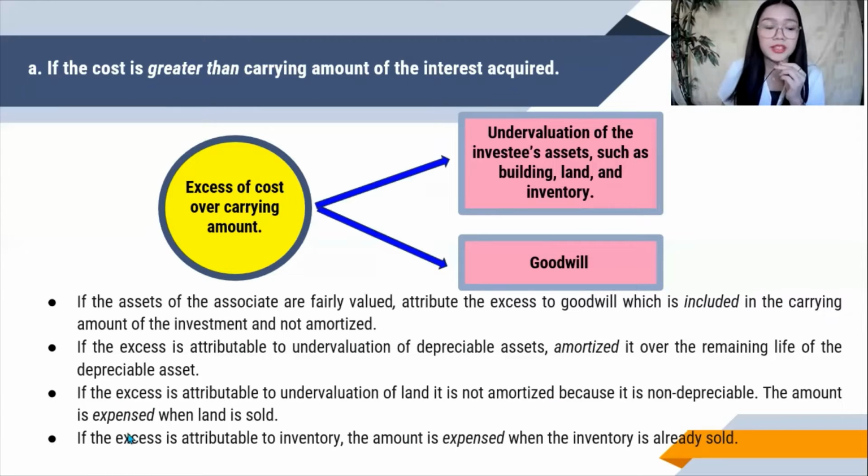But we expense natin siya when the land is sold. Hindi naman literally na expense account, parang i-debit lang natin yung share in profit or loss of associate na account. Later on, may encounter din po natin yon. So expense lang natin siya pag nabenta yung land.